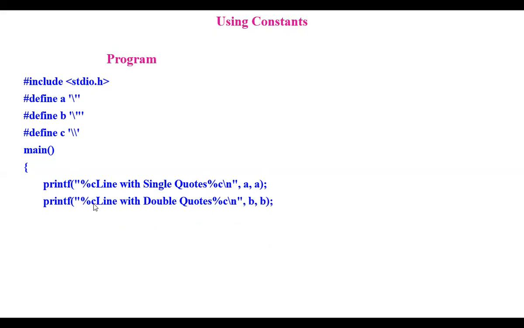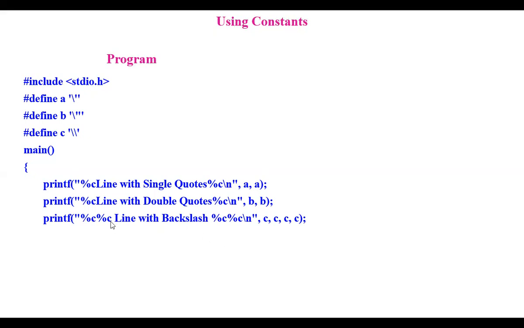Similarly, I want to have B and B in these two places. That is, I want to have double quotes here. This entire message should be within double quotes. Two backslashes here and two backslashes here.